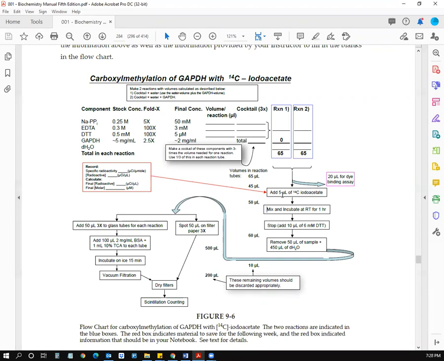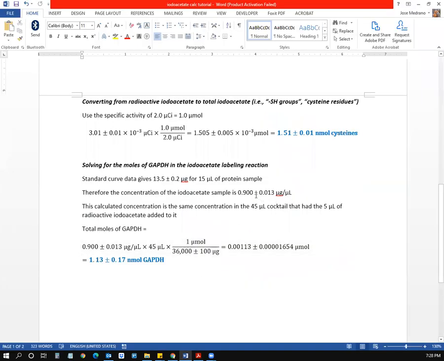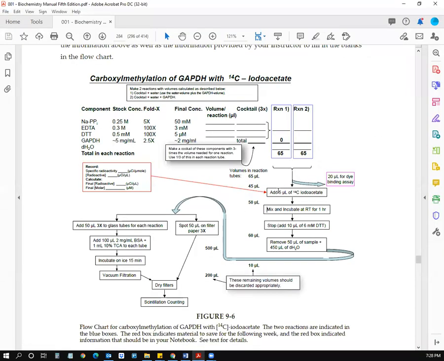If you took out 20 microliters for dye binding or 30 or 40 or 50, whatever you take out for dye binding and what you leave behind for your reaction should be of the same concentration. So if my dye binding assay tells me that my aliquot was 0.9 plus or minus 0.013 micrograms per microliter, then of course this tube here will also have the same concentration.